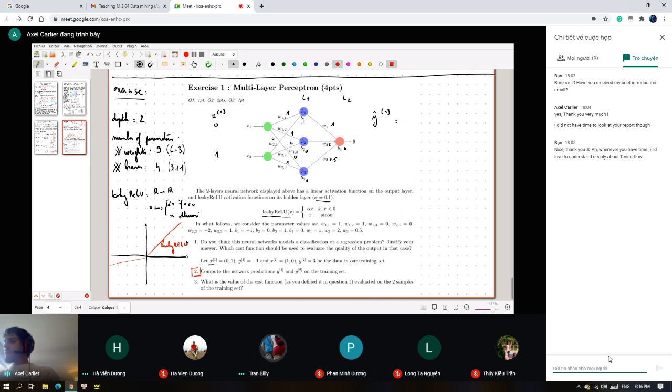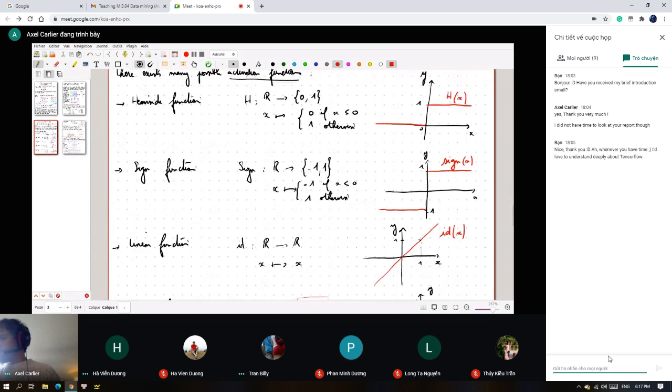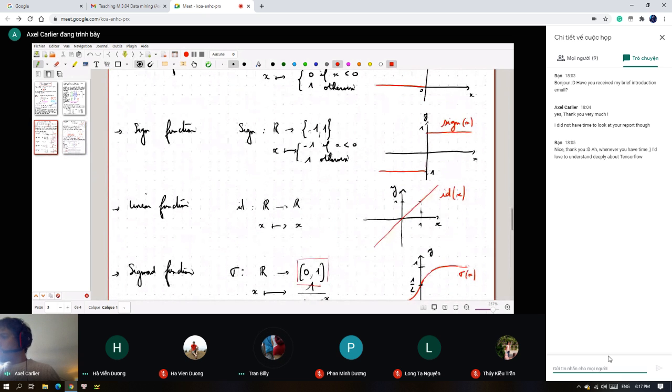So this means that on these 3 neurons, we have a leaky ReLU activation function. And on the input layer, as you have seen here, it has a linear activation. Linear activation, remember, means that it's completely the identity function.